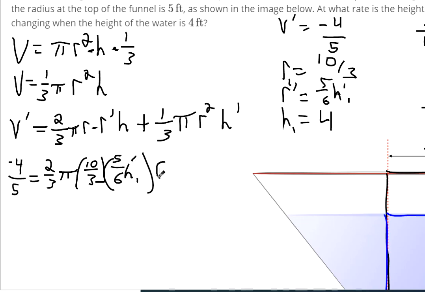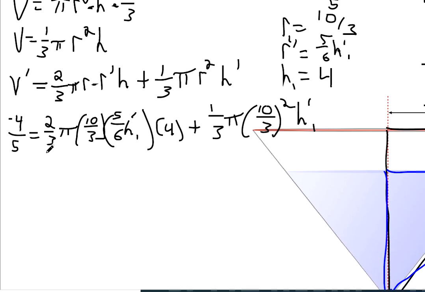And then h is 4. That's what I missed last time. I just missed one number, 4. R squared, so that's 10/3 squared. And h prime, that's the variable we're trying to solve for. So that's just what we have to finish simplifying.